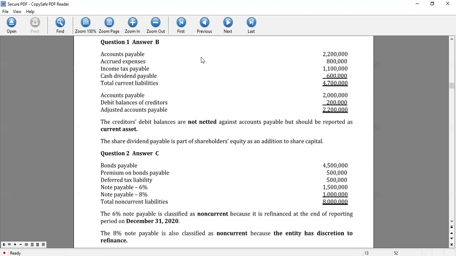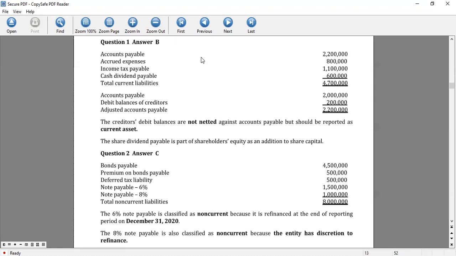Now, question number 2, what amount should be reported as total non-current liabilities? So, we have bonds payable, 4,500,000. Then, we add premium on bonds payable, 500,000.